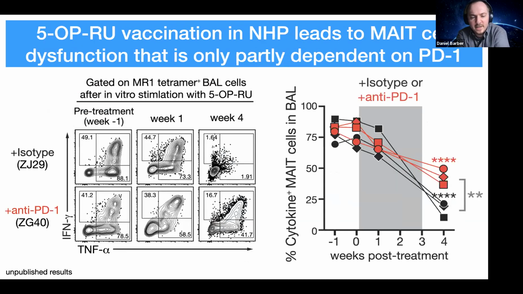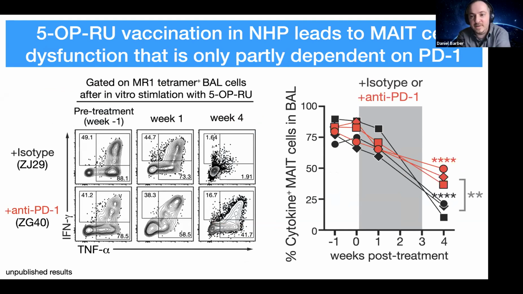So lastly, we looked at the function of the MAITs. While we still saw a drop in function after treatment, PD-1 blockade partially alleviated that drop in function. So the exhaustion that we saw wasn't because of the TB.